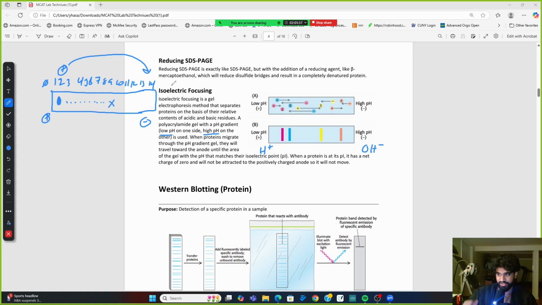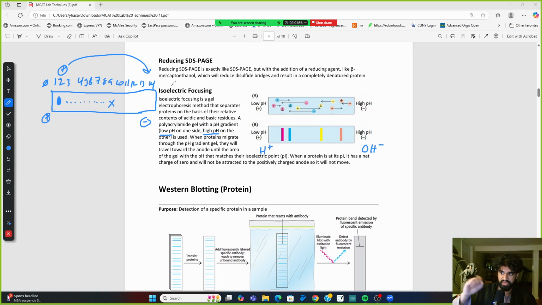The isoelectric point of the protein is where the R groups and the side chains and everything, all of it, the protonation and deprotonation, cancels out to zero charge.